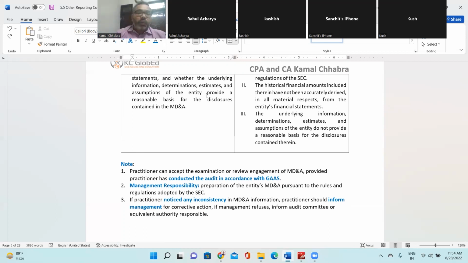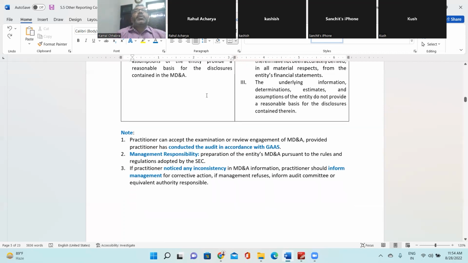A couple of things you need to keep in mind, whether it's a review engagement or an examination engagement for the MDA. First, the practitioner can accept the examination or review engagement of the MDA provided the practitioner has conducted the audit in accordance with GAAS. So if you have conducted the audit of the financial statements, then only can you accept the review or examination engagement of the MDA.